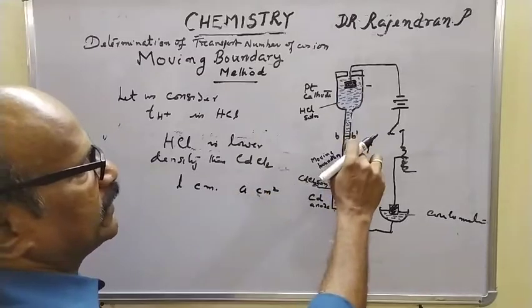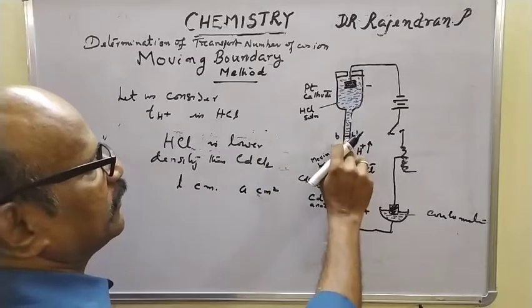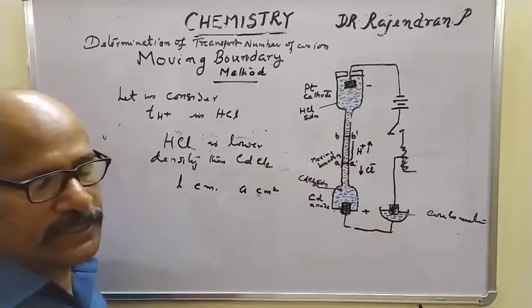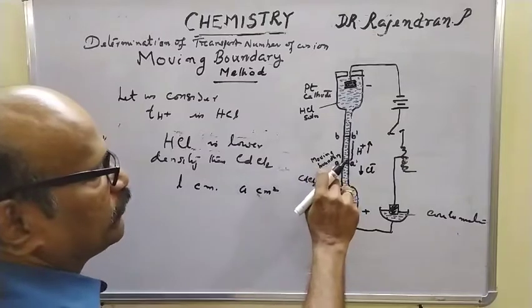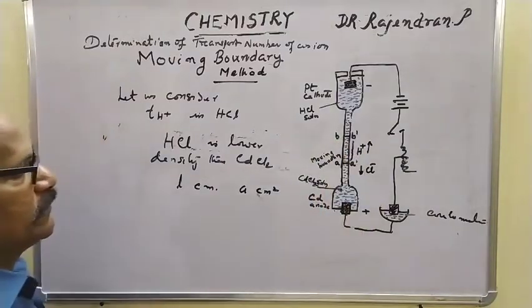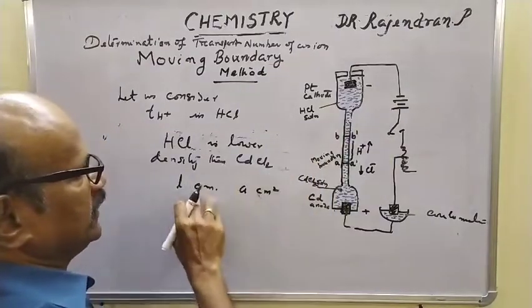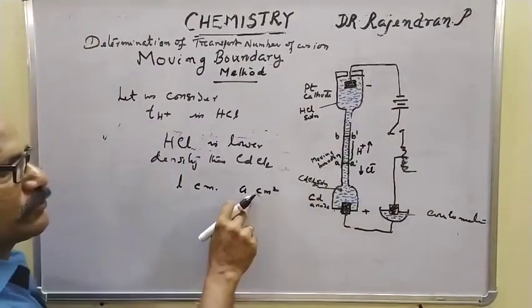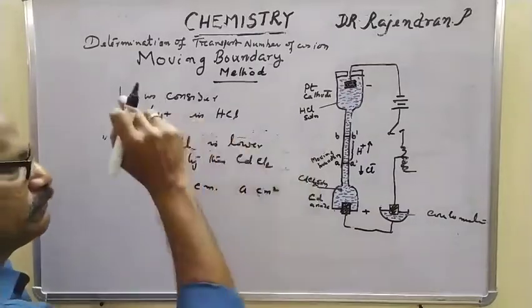And let L be the distance between the boundaries A dash and B dash, the distance traveled by the boundary from A dash to B dash due to the migration of the H plus ion. So the distance traveled by the H plus ion under the influence of the electric field is L centimeter, and let A square centimeter be the area of the cross section of the tube.